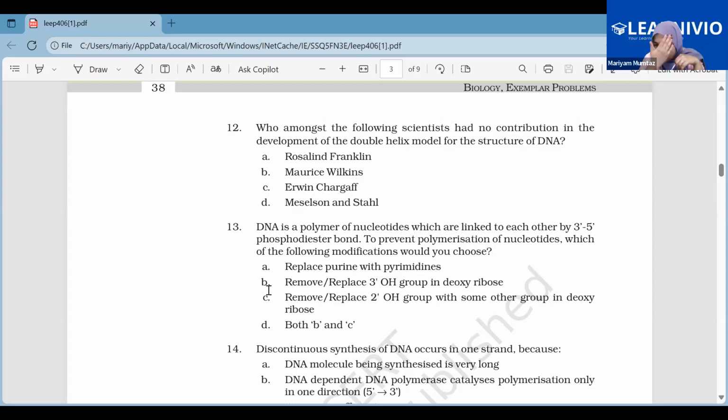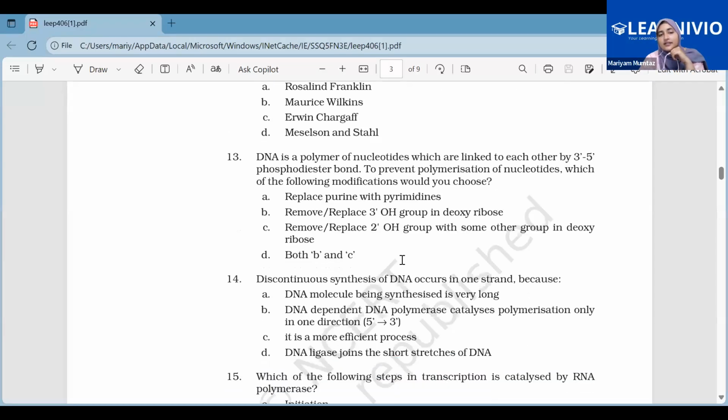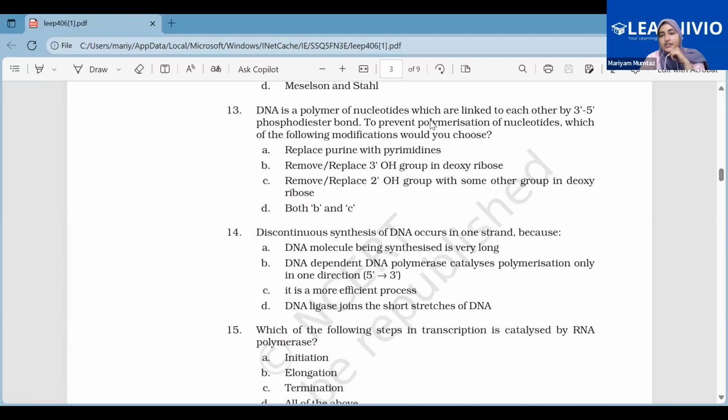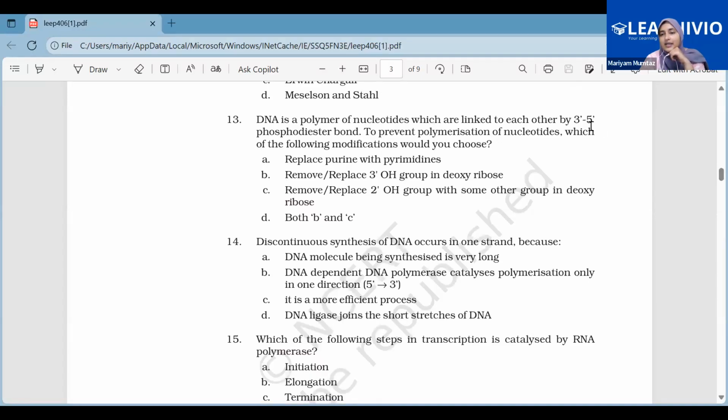Semi-conservative replication. Yes, they gave the proof that DNA replication is semi-conservative. Okay, DNA is a polymer of nucleotides which are linked to each other by 3' to 5' phosphodiester bond. To prevent polymerization of nucleotides, which of the following modifications would you choose?